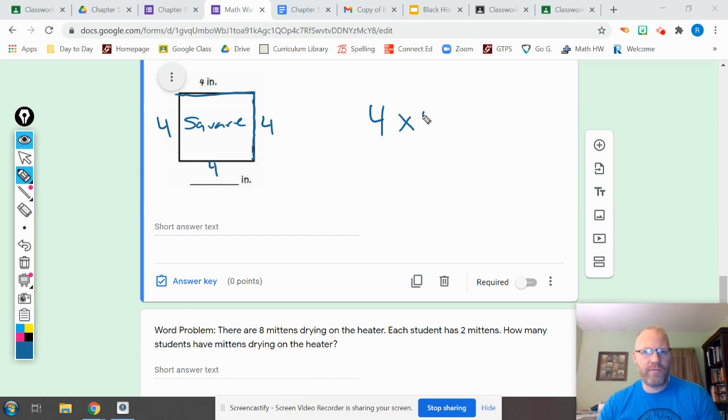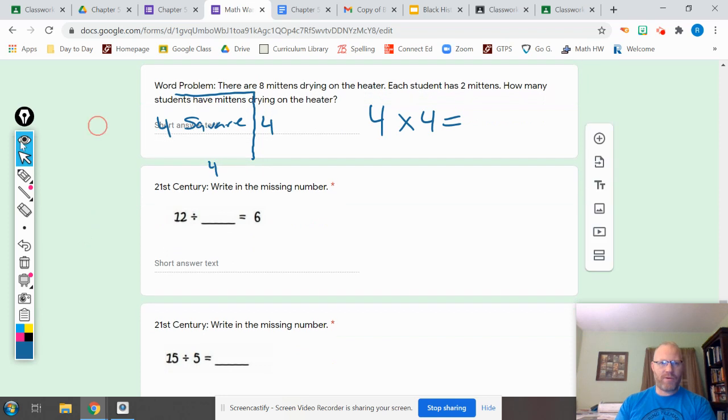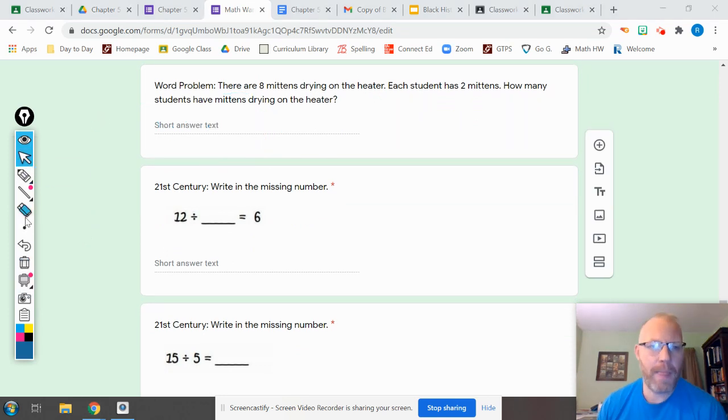So you have 4 times. What's 4 times 4? Or 4 plus 4 plus 4 plus 4. And once you get your answer, you should put IN period, which means inches. So instead of a word, you're going to put inches, IN period.